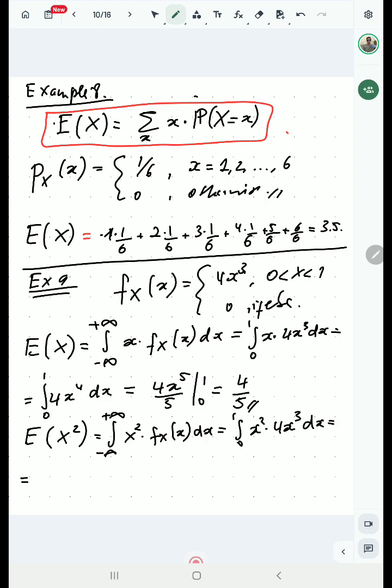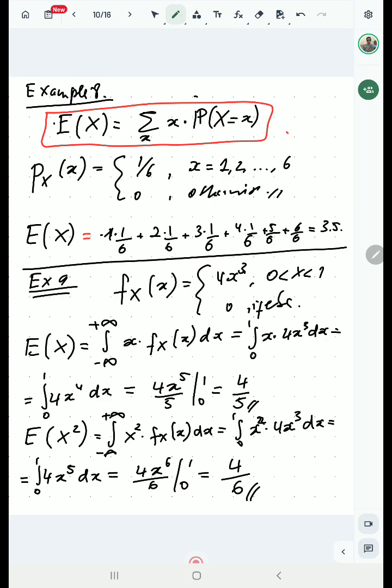That gives me 4x to the power 5 integrated between 0 and 1, right? So that gives me 4 times x to the power 6 over 6 evaluated within the 0, 1 interval, and that gives me 4 over 6, and that is the solution.